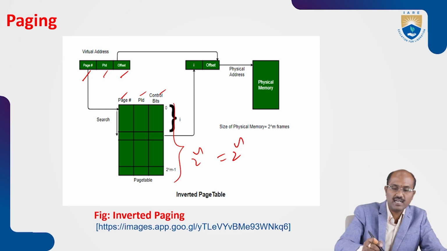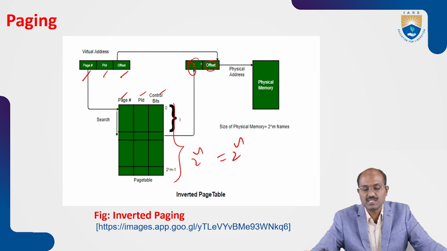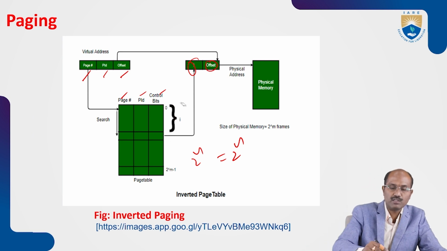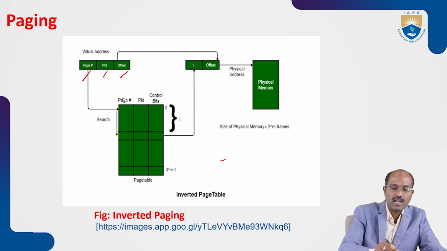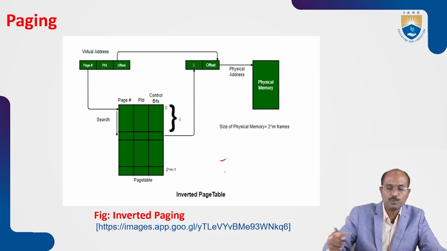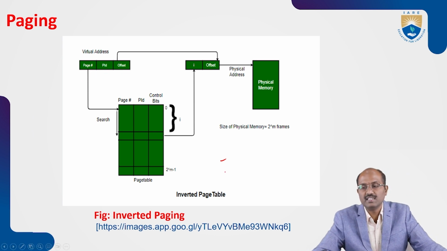That can refer to the physical address i and the offset that can match with the physical memory. Physical memory gives 2 power n frames and page size also gives 2 power n. That can be mapped in the inverted page table. That address i and offset is mapped with the physical address of the physical memory.